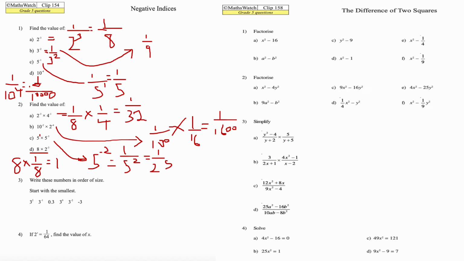This is question number 3, guys. Write these numbers in order of size. Start with the smallest. Well, it's going to be 3 to the minus 2 first.